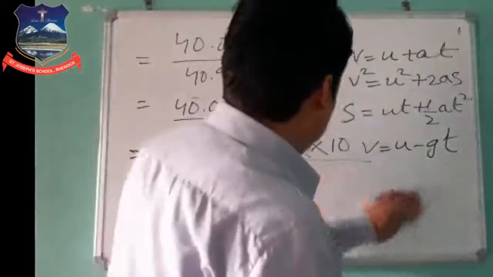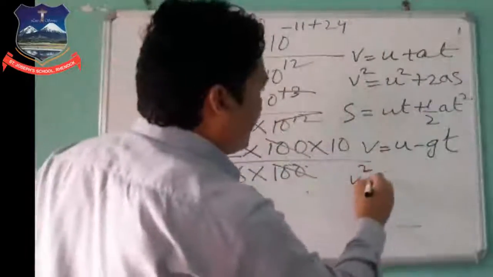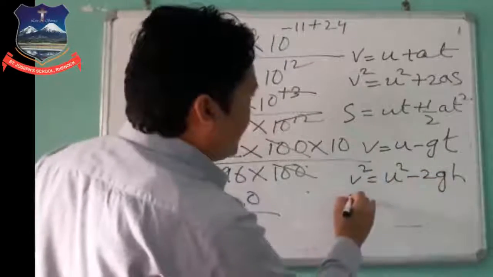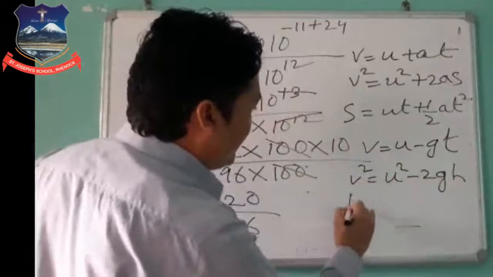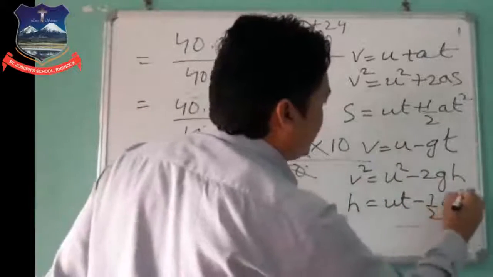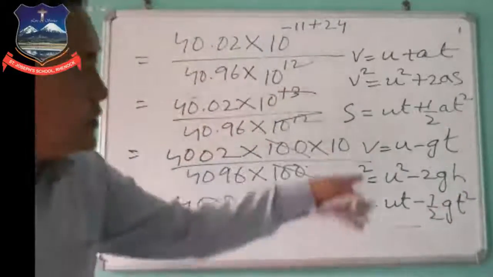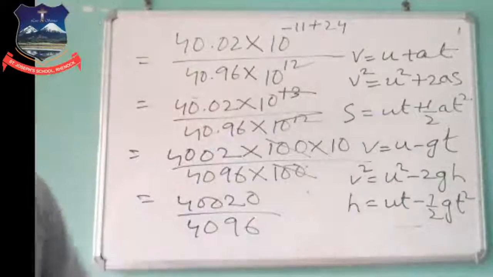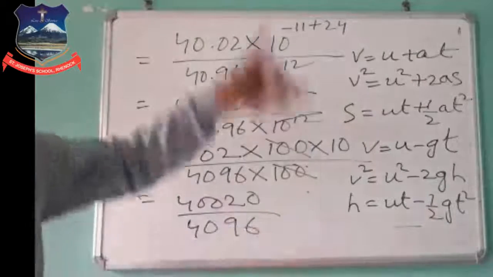Similarly, v square equals u square minus 2gh. Then h equals ut minus half gt square. The minus sign will come when a body is thrown vertically upward.